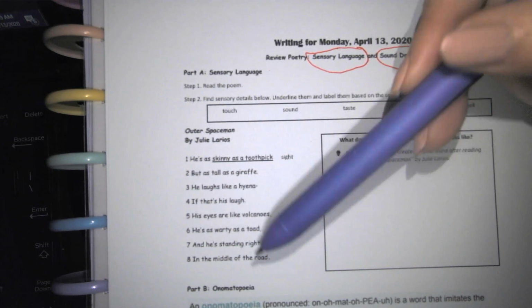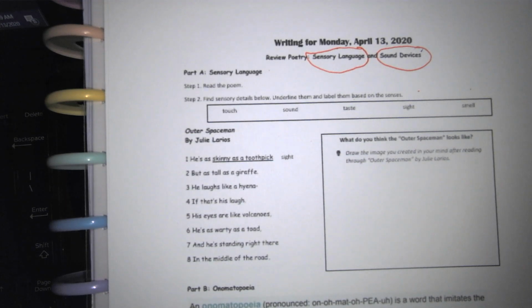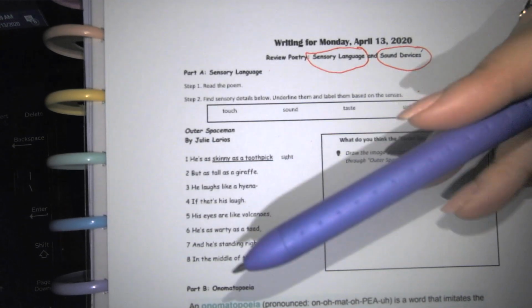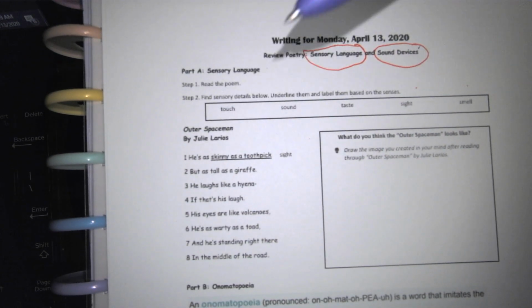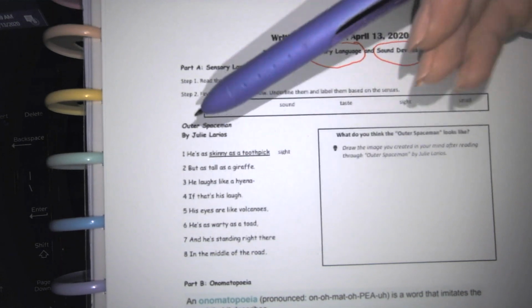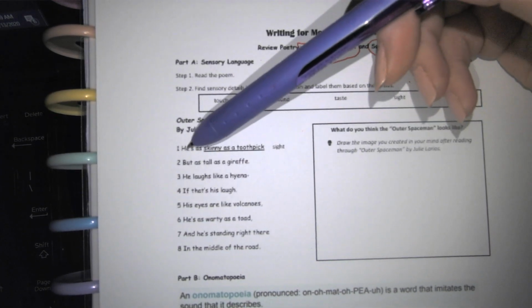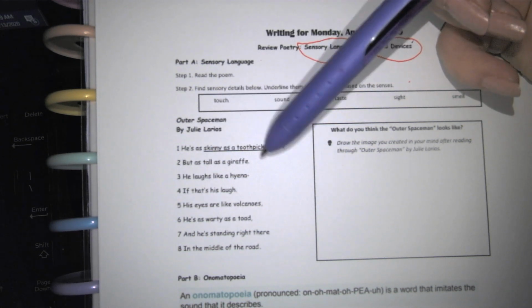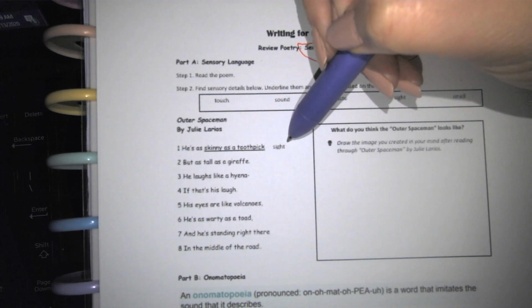In the poem, it might have sight more than once, or it might have sound more than once. You just have to read to figure out what sense Larios is appealing to. So let's read Outer Spaceman by Larios. He's as skinny as a toothpick. Skinny as a toothpick, we know that's sight.